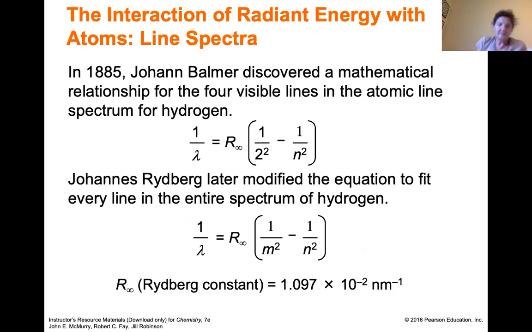And so at that time, they're trying to figure out what kind of theory could explain this. And so Balmer discovered a mathematical relationship for the 4 visible lines in the atomic line spectrum for hydrogen, and shows here that they're related to integers.